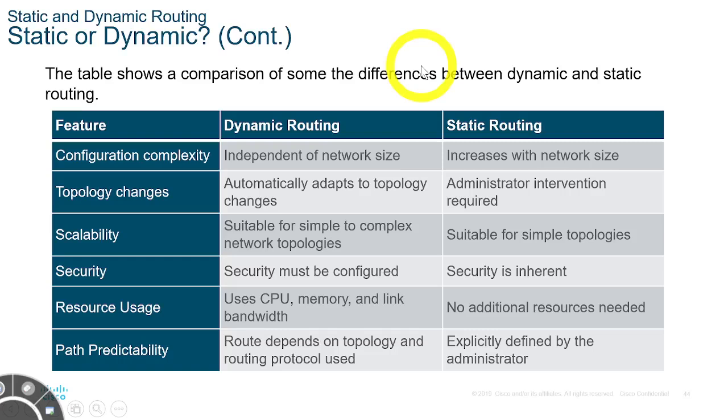The table compares the dynamic and the static routing configuration. This is dynamic routing, and this is static routing. For configuration complexity, dynamic is independent of the network size, because it depends on protocols to configure the network.